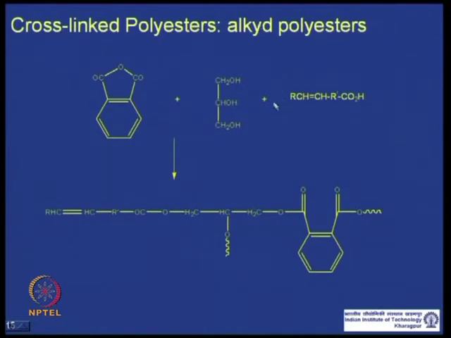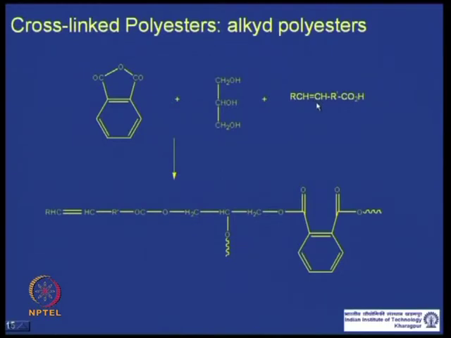If this unsaturation is at the end of the polyester which you formed, then these are known as alkyd polyesters. How do you do that? The same reaction, like in this case phthalic anhydride and glycerol, here you are adding a monofunctional acid which has an alkene group, a double bond, at the other end.